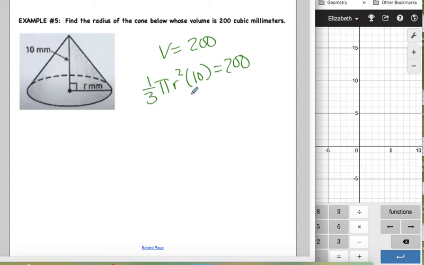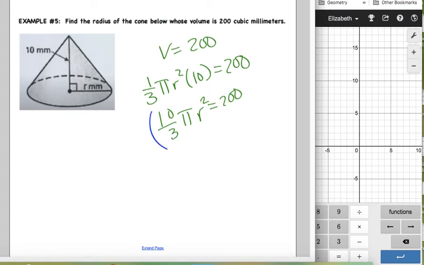So we need to simplify and solve backwards for the radius. I'm going to write this as 10/3 pi r squared equals 200. And I'm going to begin solving by multiplying both sides by 3/10.